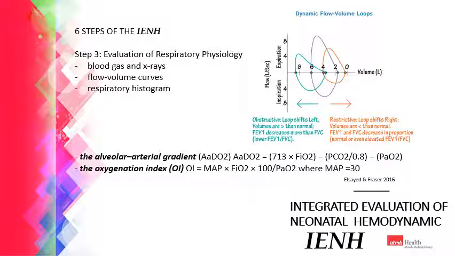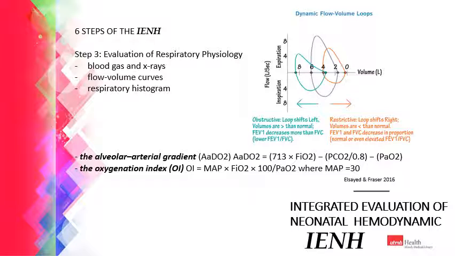Step 3 is evaluation of respiratory physiology. You know this very well. One of them is measurement of our blood gases and also our X-rays. On the monitors of our ventilator, you can see the flow volume curves.